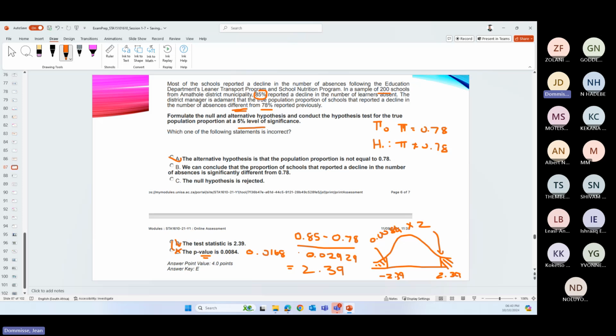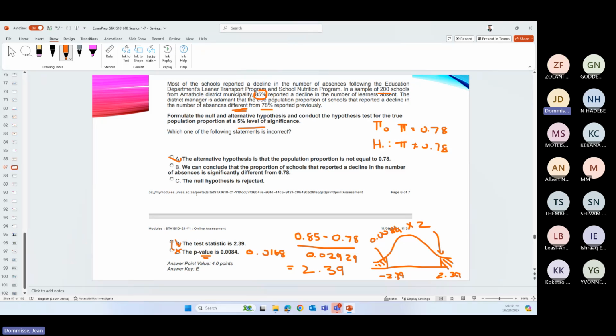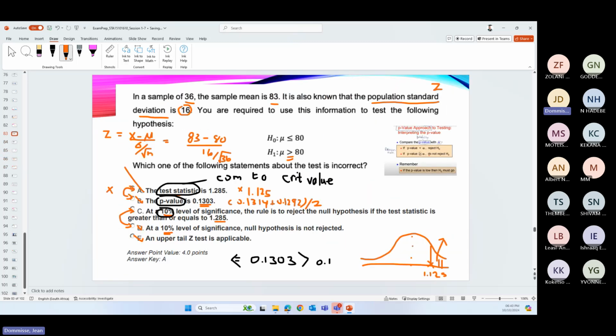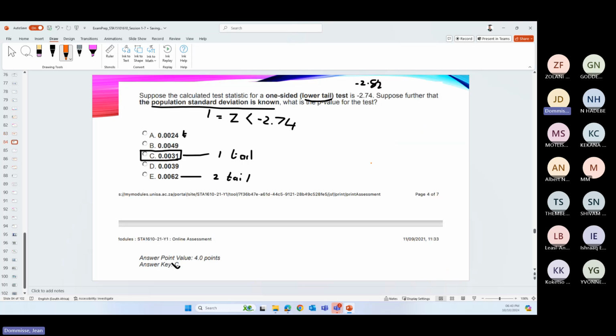And then from the p-value, let's quickly see what it is around the hypothesis. With this, we can now say, okay, 0,0168 is smaller than 0,05. So let's again just check: if it's smaller than, reject the null hypothesis.